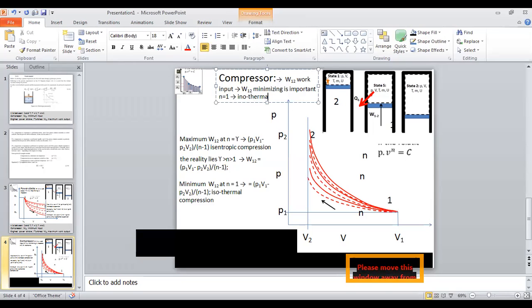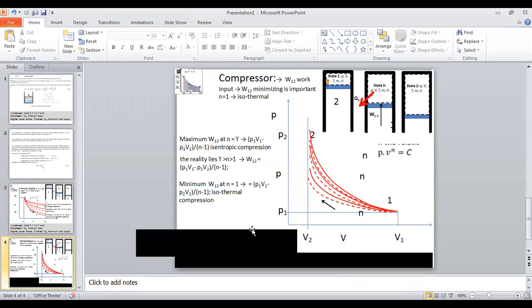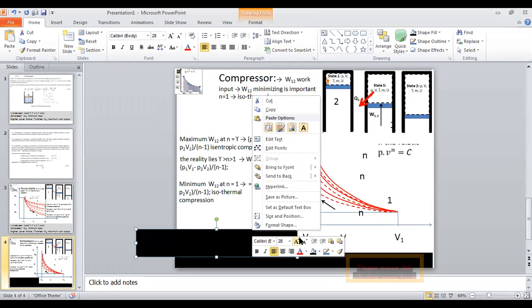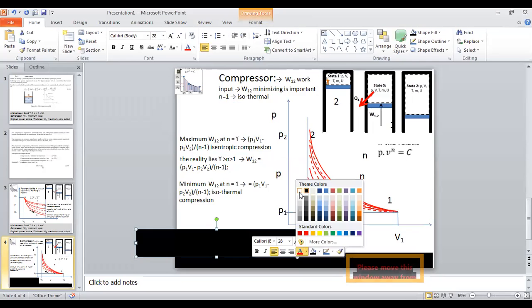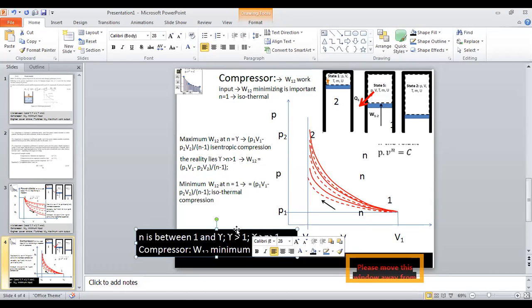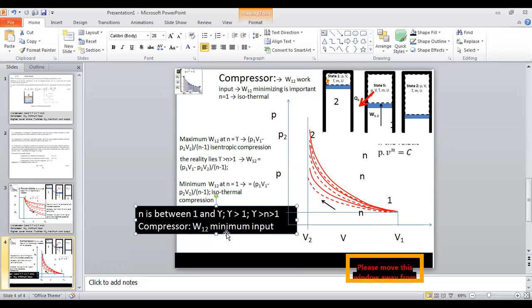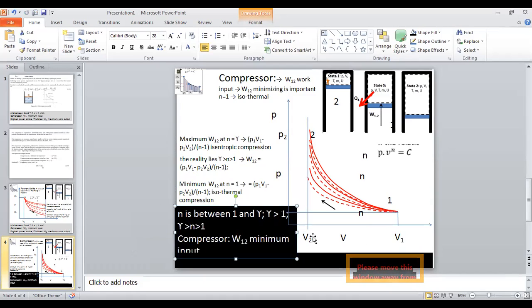Very important. So let's see what are the things hidden here. n is between 1 and gamma. For compressors, W12 minimum input.